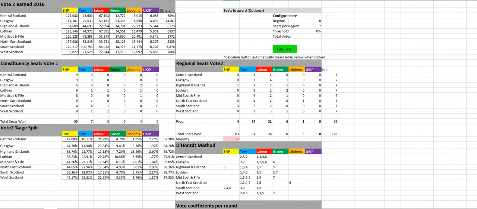So you take the Tories, 43,600, they've got no seats, but you add 1 to it, so you divide by 1, 43,600 over 1 becomes 43,600. And that's the same for the rest of the parties. All their party vote totals were what they gained on the vote 2 ballot paper divided by 1. That is all their starting positions.